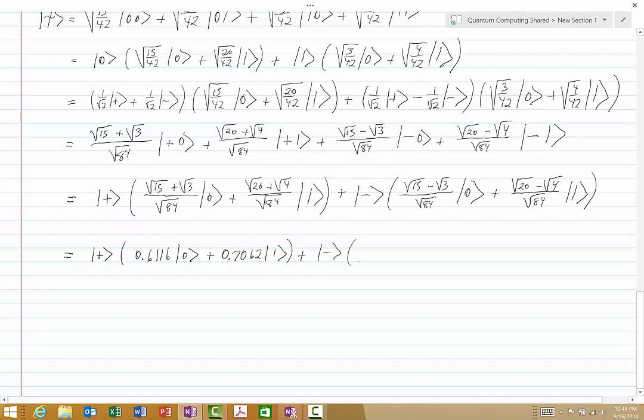And then for the second parenthetical term, we will have 0.2336 0 plus 0.2697.